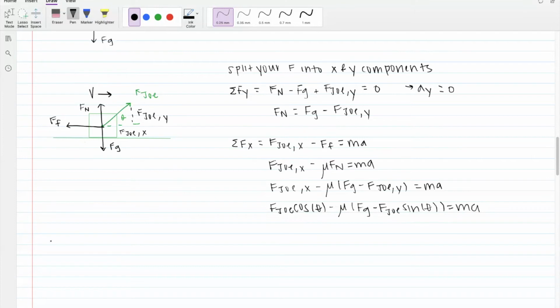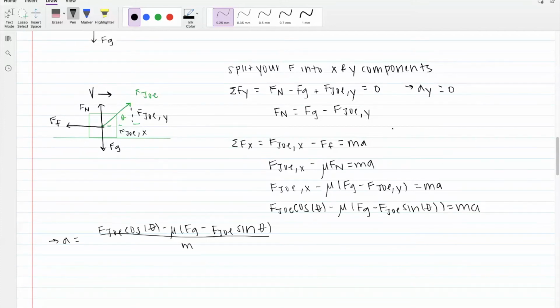So to solve for acceleration, we'll get F Joe cosine theta minus mu times (F g minus F Joe sine of theta), all over the mass.